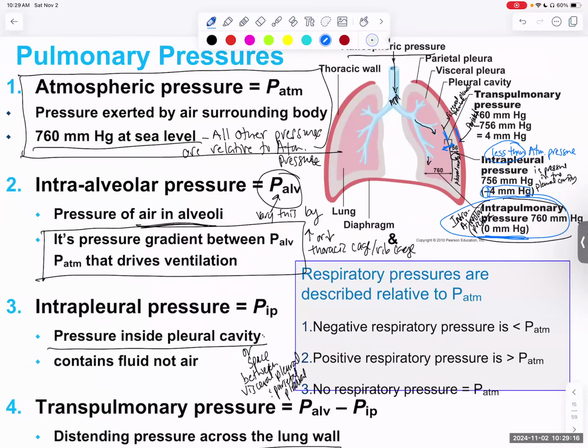Respiratory pressures are always described relative to atmospheric pressure because atmospheric pressure is stable, unless you move up in altitude, where that pressure is going to drop, but it's still going to be stable once you're there, or underneath the ocean, once it gets greater. So atmospheric pressure is stable, and so we can manipulate intraalveolar pressure to be higher than or lower than atmospheric pressure.